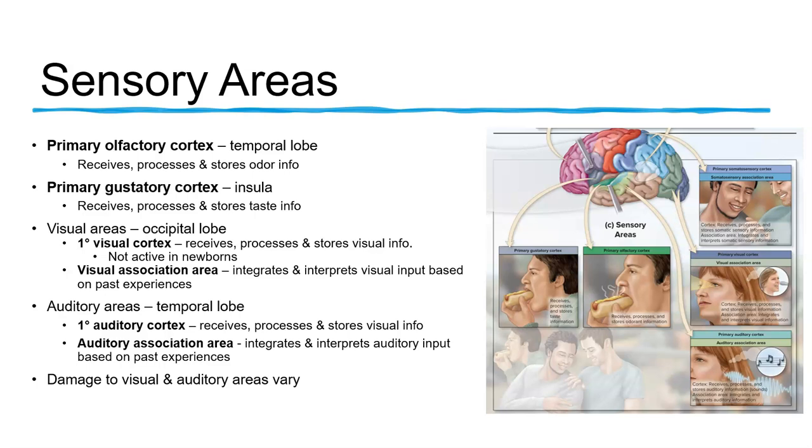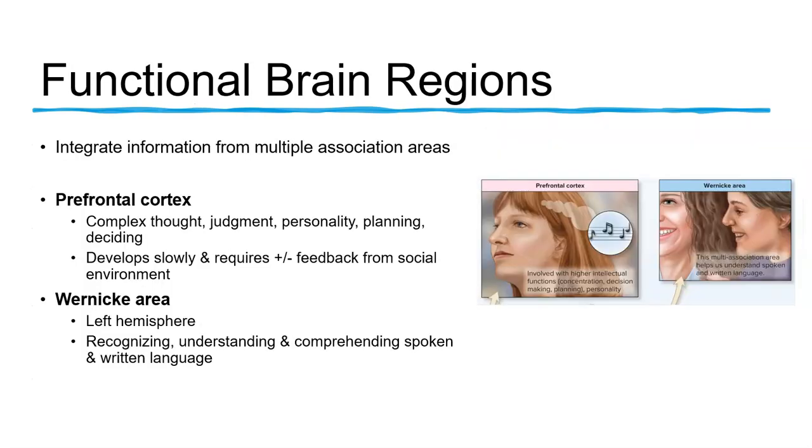I know when I look at a blue car, it is blue because my brain has stored blue and car. The effects of damage to your visual and auditory areas vary based on how much is damaged and what particular area. Your functional brain regions get information from multiple association areas.